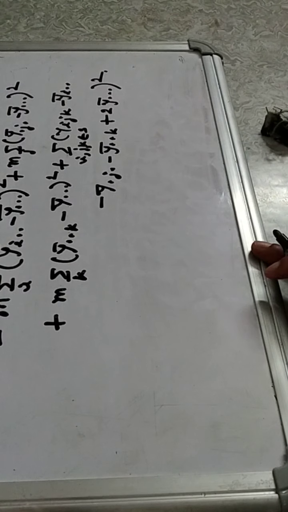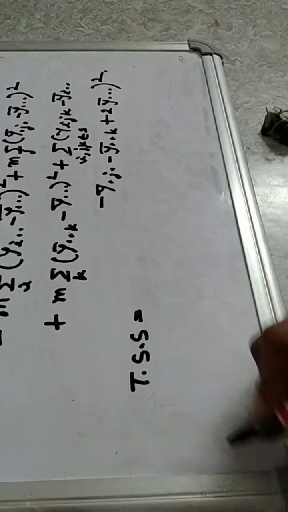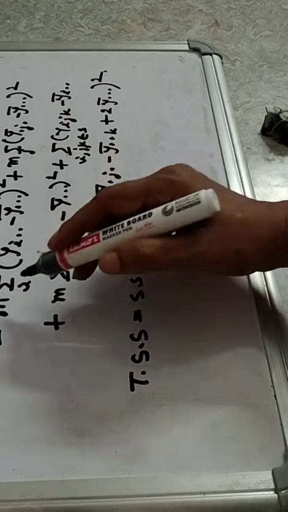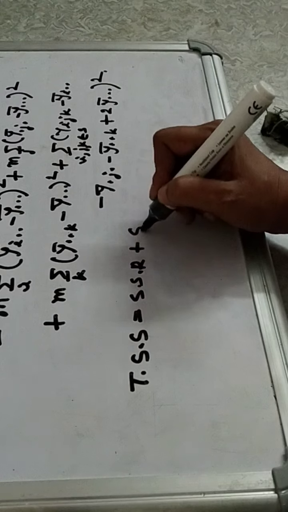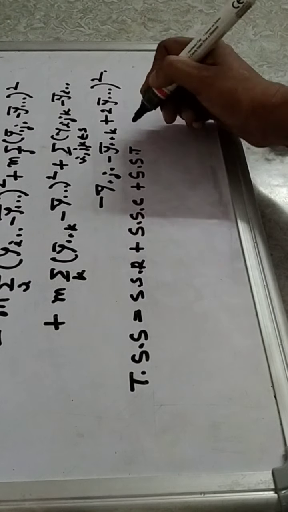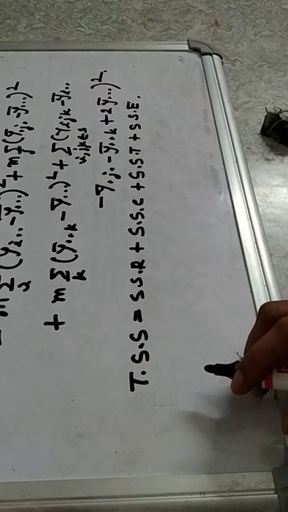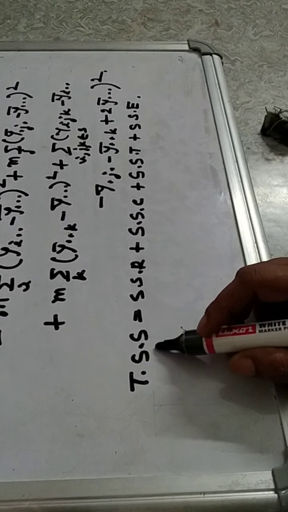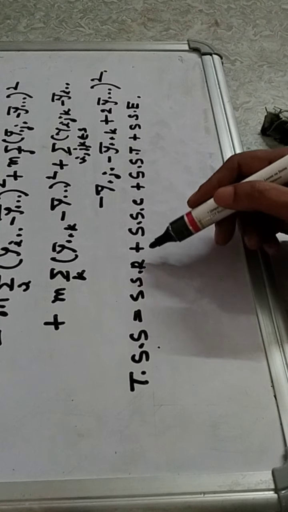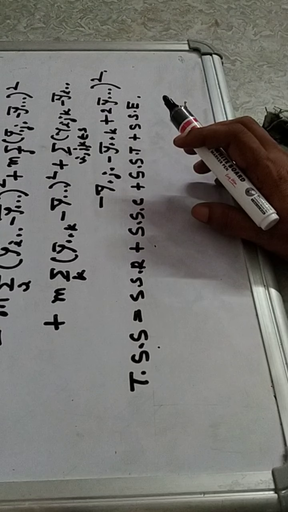Therefore, this total sum of square, TSS, is equal to SSR, that is row sum of square, plus SSC, that is column sum of square, plus SST, that is treatment sum of square, plus SSE, error sum of square, where TSS is the total sum of squares and SSR, SSC, SST and SSE represent sum of square due to rows, sum of square due to columns, sum of square due to treatment and error sum of square respectively.